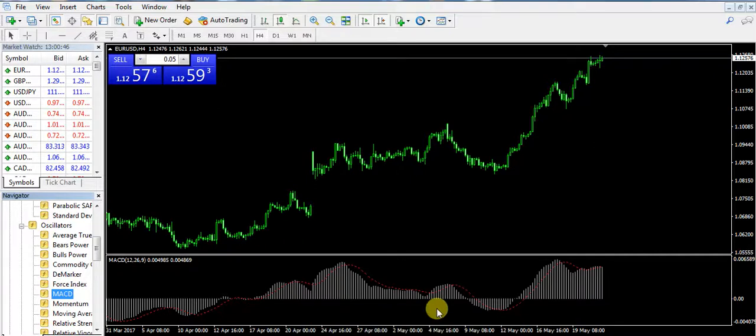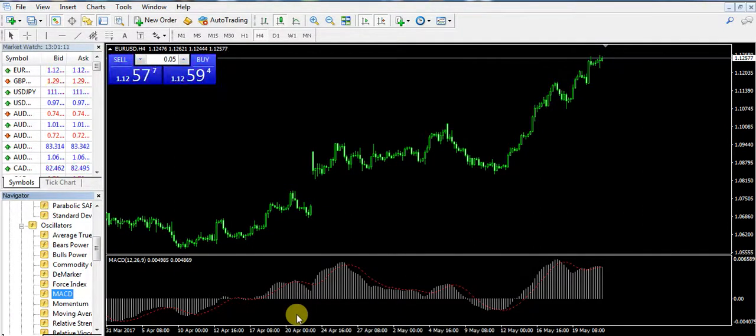We can also very clearly see crossover points where the bars go from above the zero line to below the zero line and back above the zero line again. Now, the way I'm going to explain the MACD to you is by pointing out these things that I've just told you about.